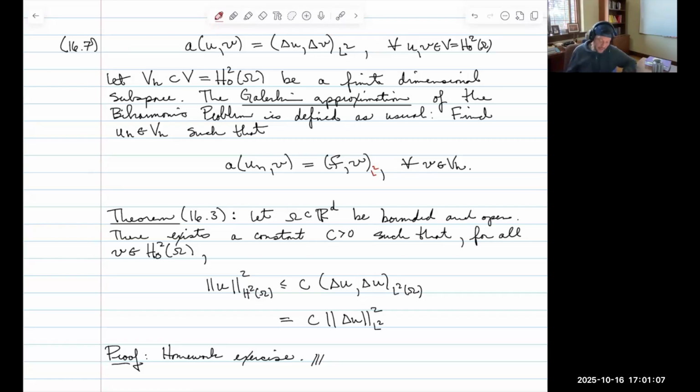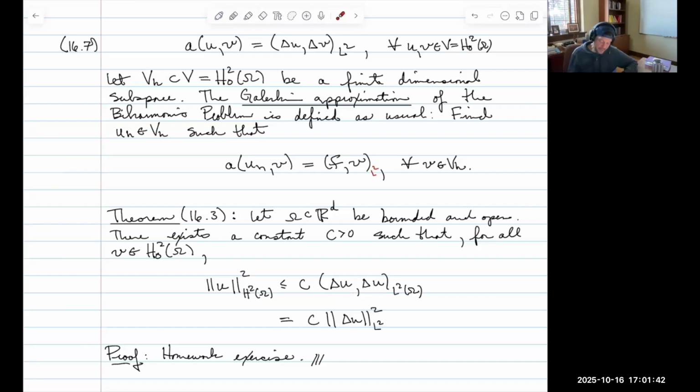Okay, so let omega be a bounded and open set in R^d. There exists a constant C greater than 0 such that for all u in H_0^2, the H2 seminorm of u squared is less than some constant times the L2 inner product of Laplacian u against Laplacian u.